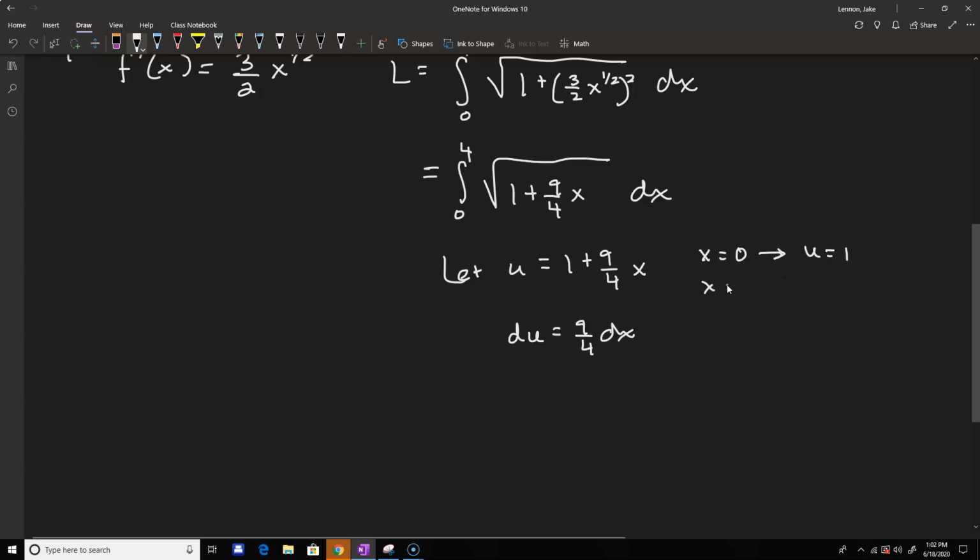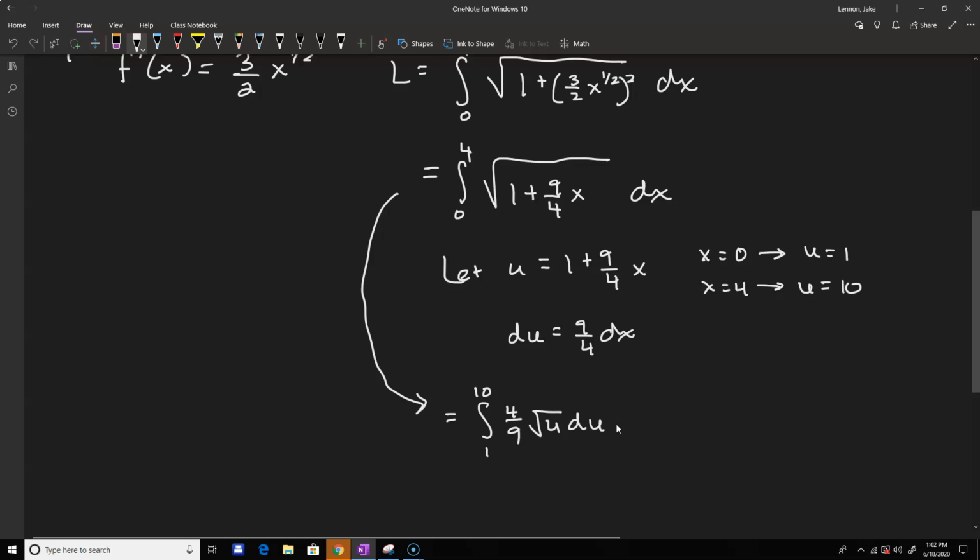And your x equals 4 limit will go to u equals 9 plus 1, essentially, which is 10. So then our integral is the integral from 1 to 10 of, don't forget the 4/9 in front, 4/9 square root of u du.